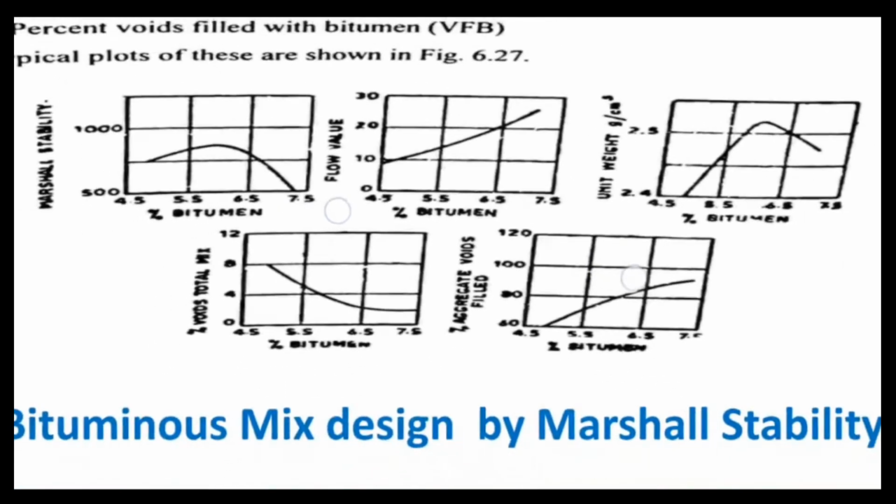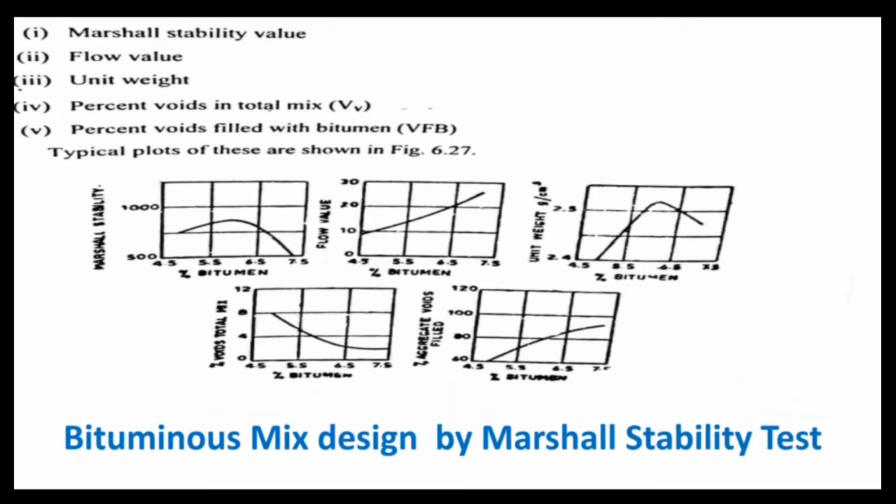So in order to calculate the optimum binder content, or the optimum bitumen content, we'll have to add the bitumen contents B1, B2 and B3. B1 is the bitumen content corresponding to the maximum Marshall stability value in the first graph, whereas B2 is the bitumen content at the maximum unit weight, or at the maximum saturation, the 100% saturation of the bituminous mix.